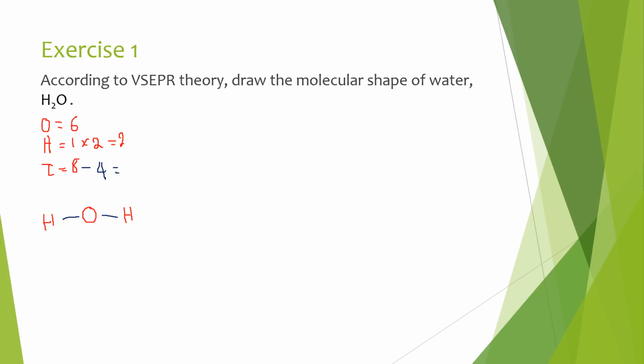So the electrons left will equal 4. Since the hydrogen has already achieved stability, which is a duplet configuration, the leftover electrons will be put at the central atom as lone pairs. So you can put 4 electrons at the oxygen as lone pairs.